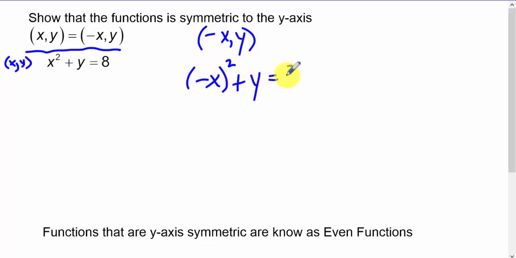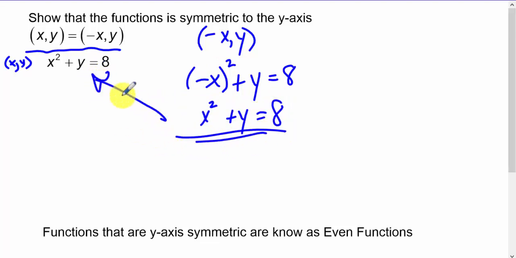Y stays the same, and I have to show that this equation is the same as my original. Well, negative x squared is x squared, and y is y. And lo and behold, this is the same as this, so therefore, these three little dots in a triangle mean therefore, it's y-axis symmetric.